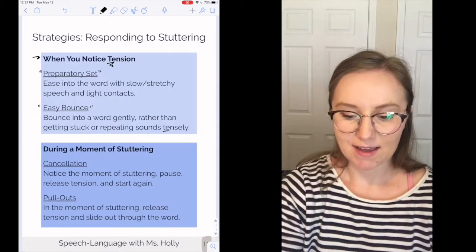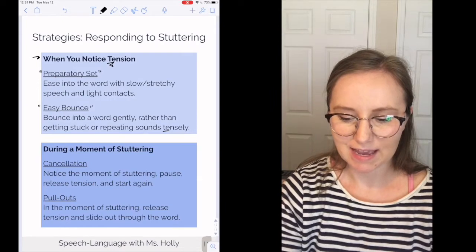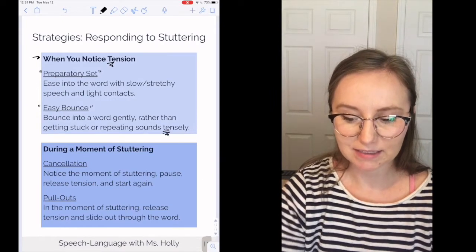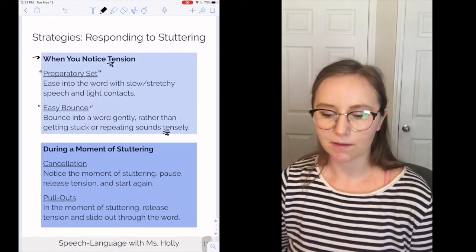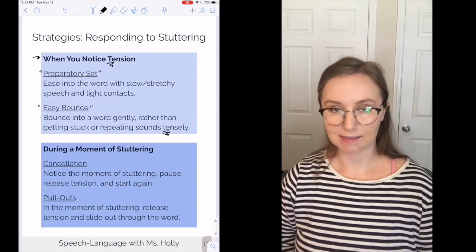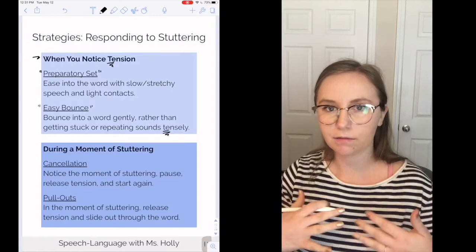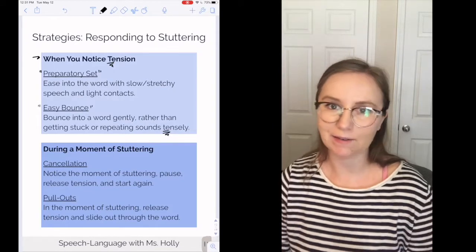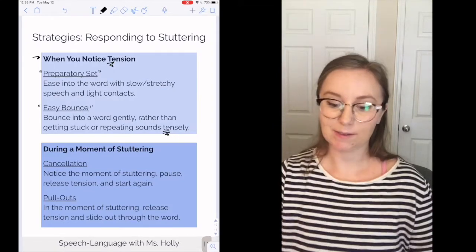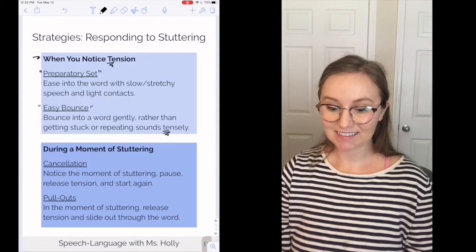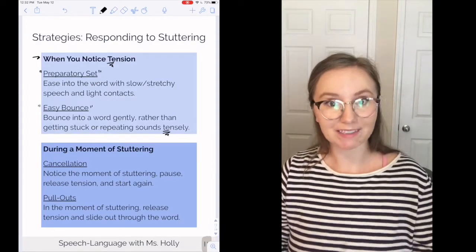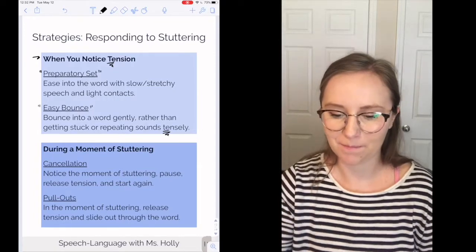So let's say I'm gonna plan to bounce on the word tensely here. So getting stuck or repeating sounds to tensely. So I kept my mouth really relaxed and I plan to go ahead and bounce on it. So these are strategies you can do when you start to feel that tension, and it's a way to respond to it so you can keep moving forward.